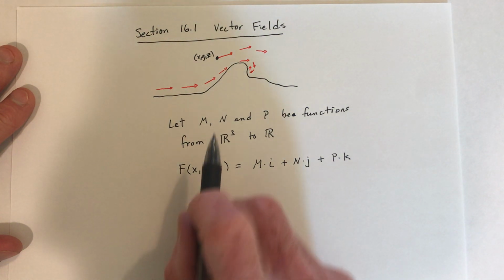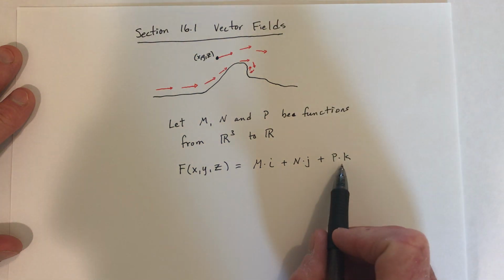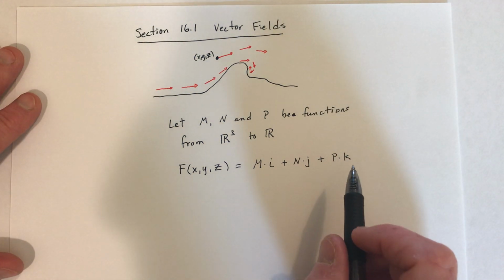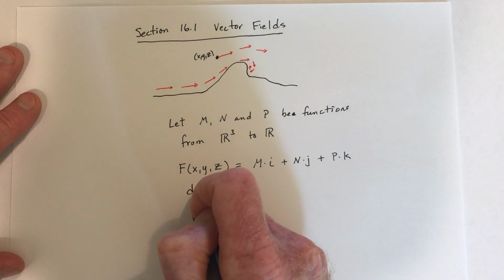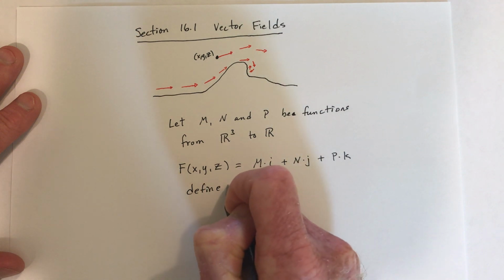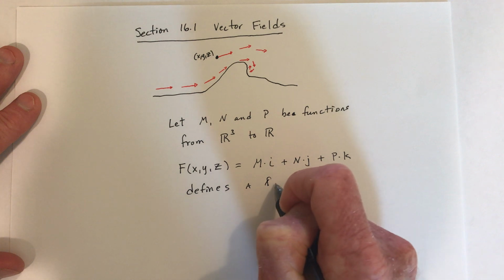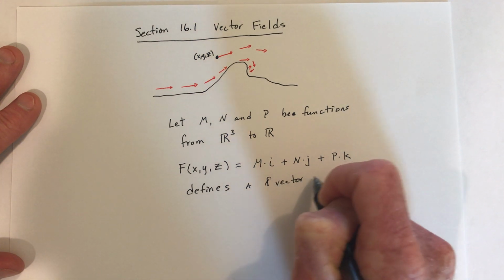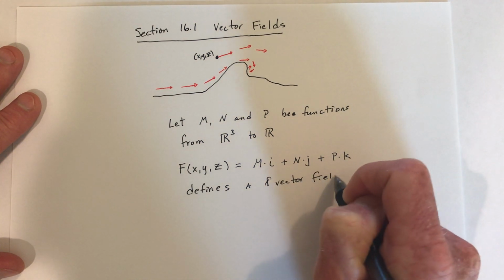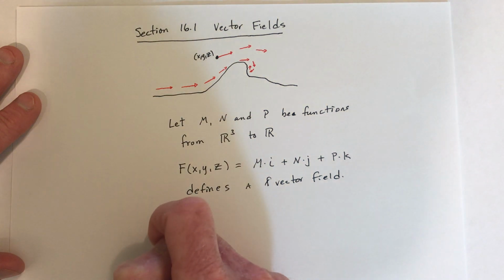So this gives you the black point, and this gives you the red vector. Vector field. And then let's look at some examples.